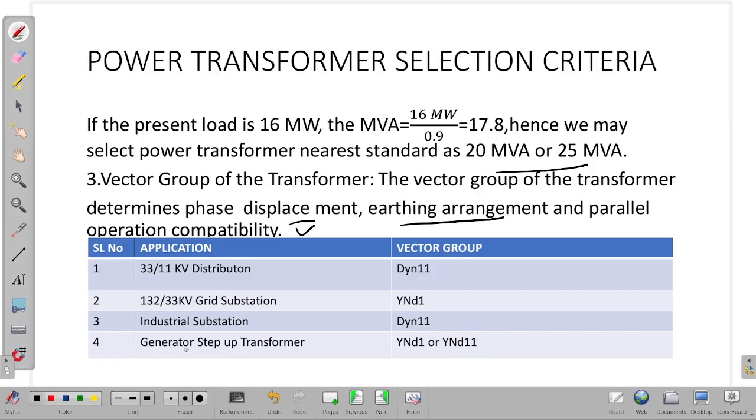Similarly, for your generator step-up transformer, we employ the vector group YNd1 or YNd11. When we study the vector groups separately during our technical study, I can explain them in better detail.